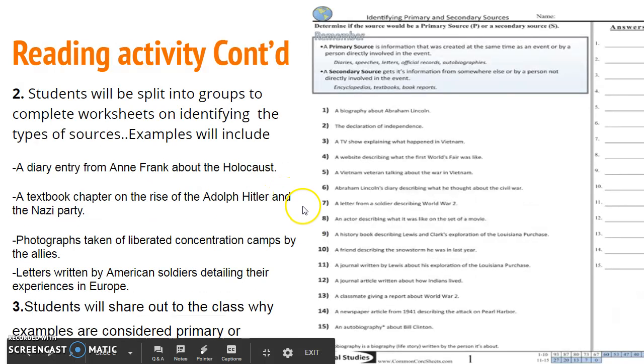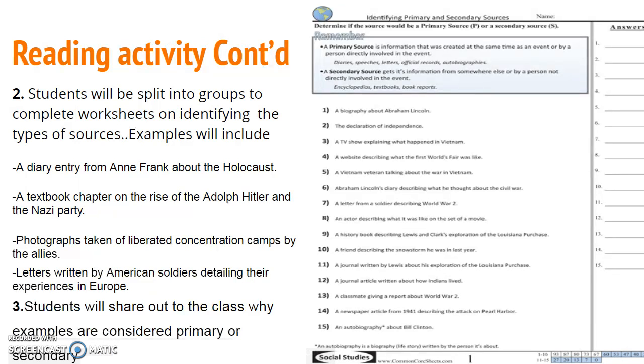The next thing I will have them do, students will be split into groups to complete worksheets on identifying the types of sources. Examples will include a diary entry of Anne Frank about the Holocaust, a textbook chapter on the rise of Adolf Hitler and the Nazi Party, photographs taken of liberated concentration camps by Allies, letters written by American soldiers detailing their experiences in Europe.